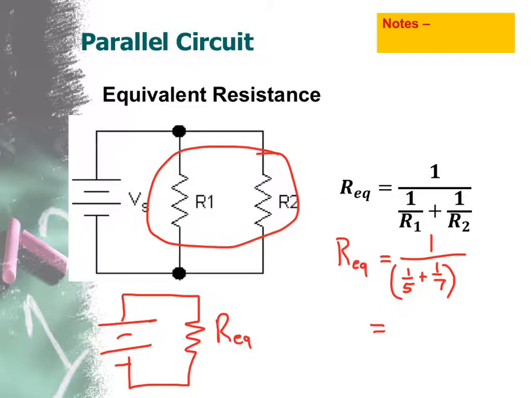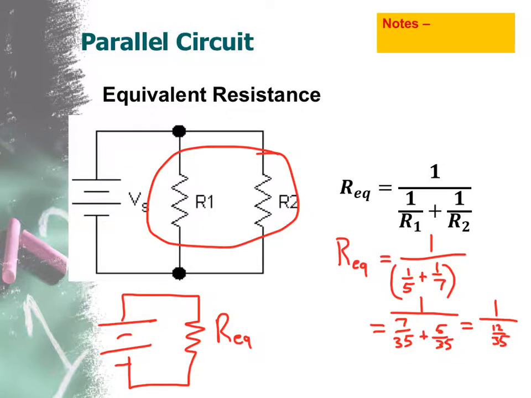I know that if I give these like denominators, I'm going to get 7 over 35 plus 5 over 35. And all of that is 1 divided by, and it turns out that is going to be 1 over 12 divided by 35.